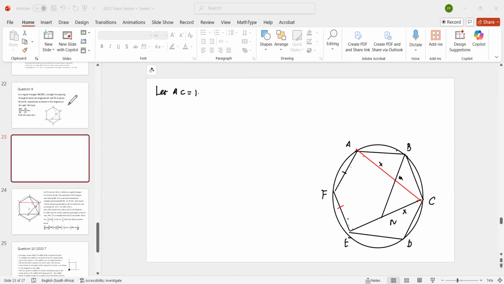Now to do this, the idea is to actually complete this rectangle.